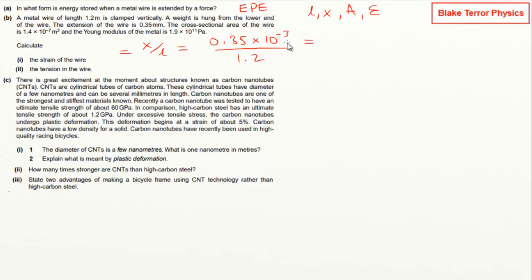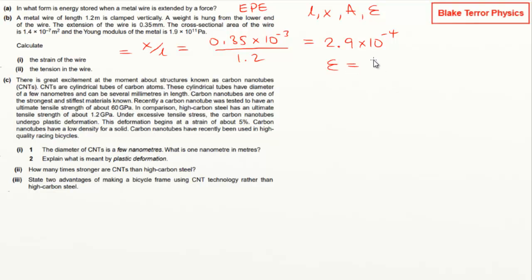So typing that in, okay, it's not a straightforward number, it's going to be slightly less than a 3. So we've got 2.9 times 10 to the minus 4, and that doesn't have any units for strain.